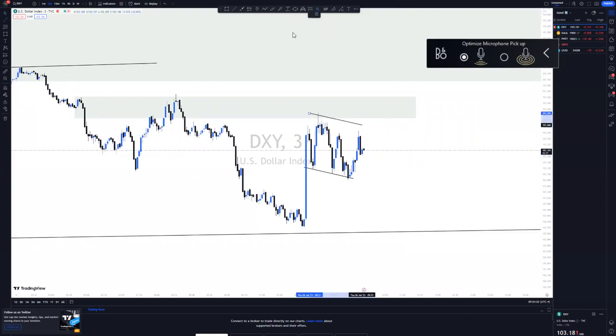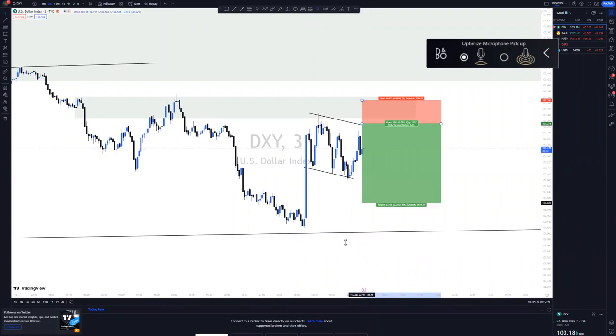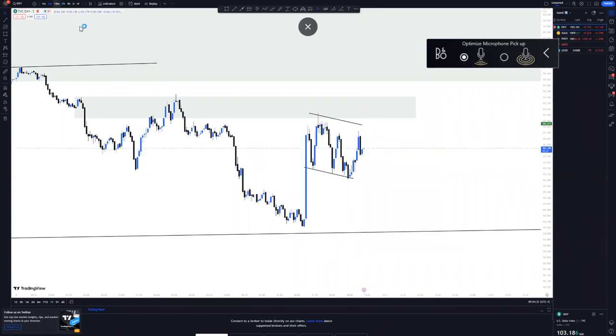Guys, when you're trading DXY, you already know where DXY is going. It's just straight sells for DXY. Stop loss is there. We can even take it as a live signal. We can sell DXY till that level.